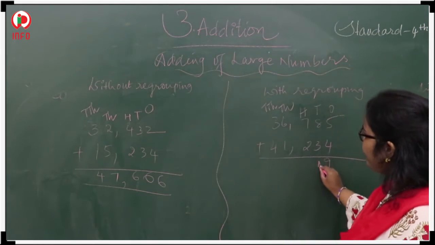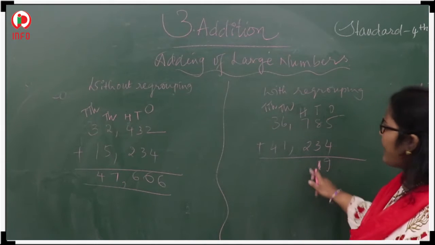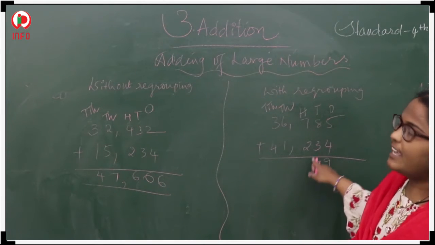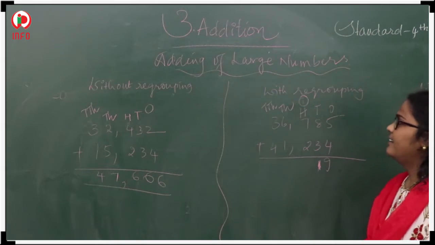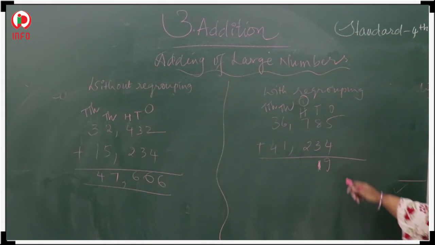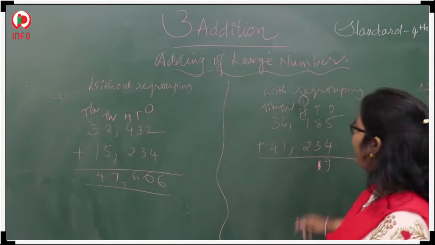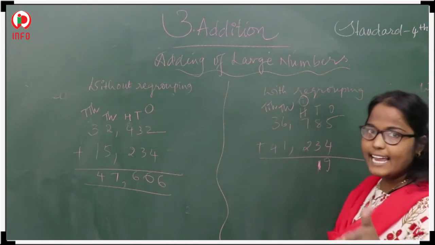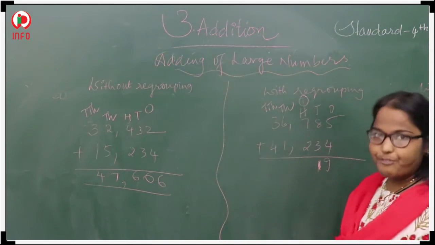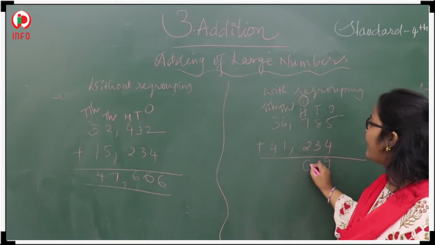So what should I do here? I cannot keep 11 here, so I will keep a carry over here. 7 in the mind, 2 fingers out: 8, 9. Again we have 1, 10.